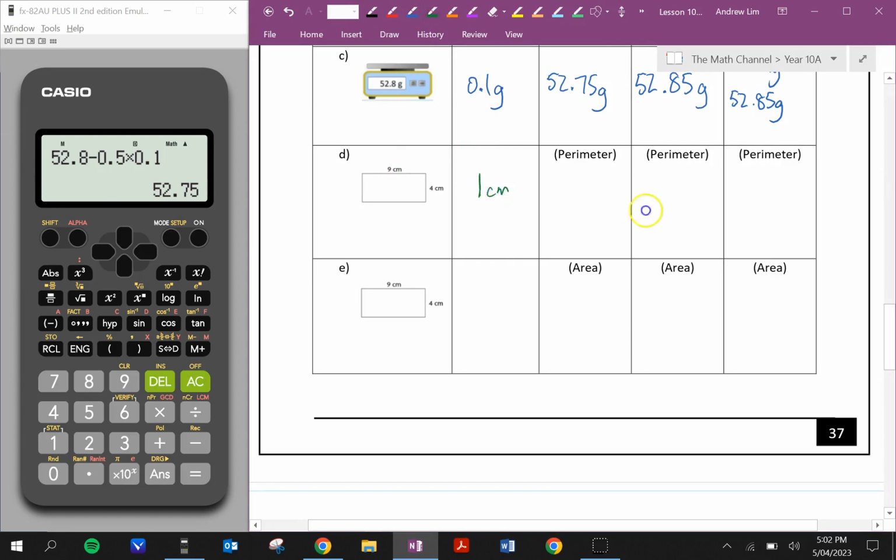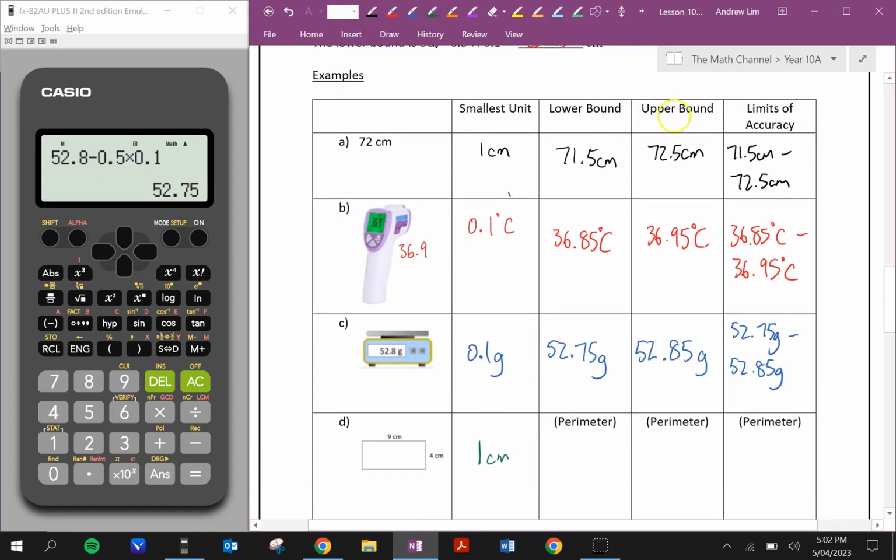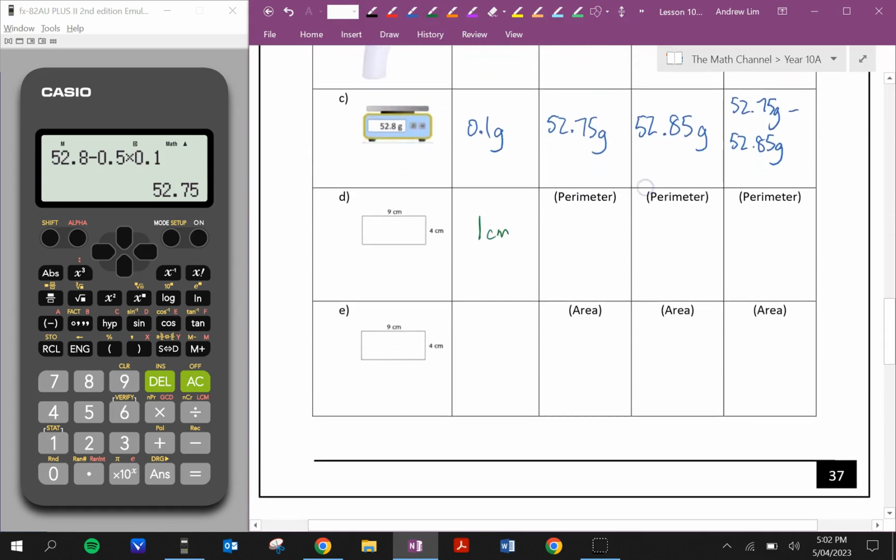Now, I want us to work out the lower bound and the upper bound of the perimeter and of the area. Now, in order for us to do this, we actually need to work out the lower bound and upper bound of each side. So if we have a look at the 9 centimeters, all right, so the length, the width, and therefore the perimeter.